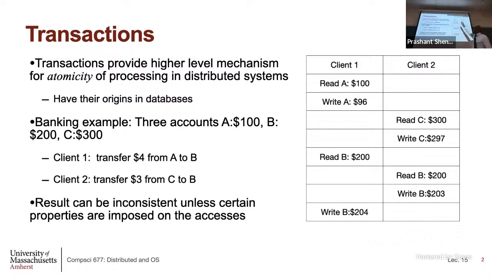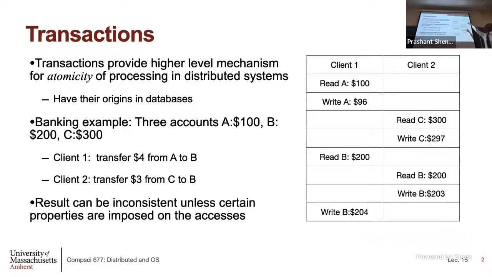This is a table that shows all the operations that have to occur in that database for these operations to succeed. So far we don't have transactions, and then we'll see why we need transactions to make that happen.